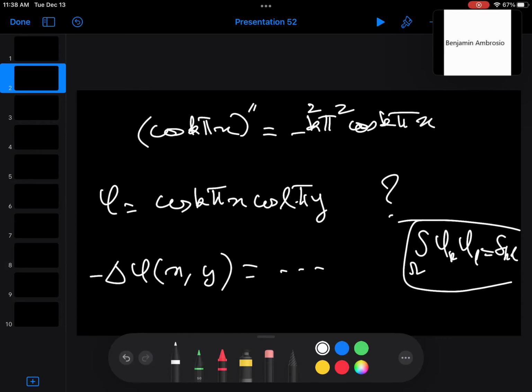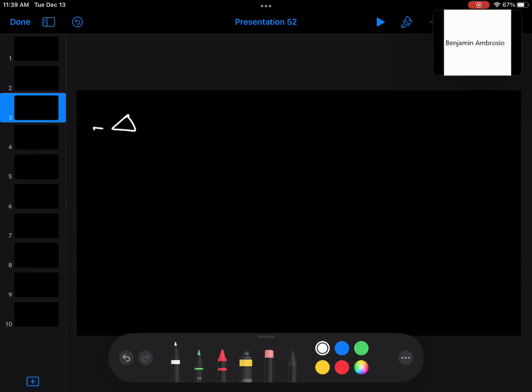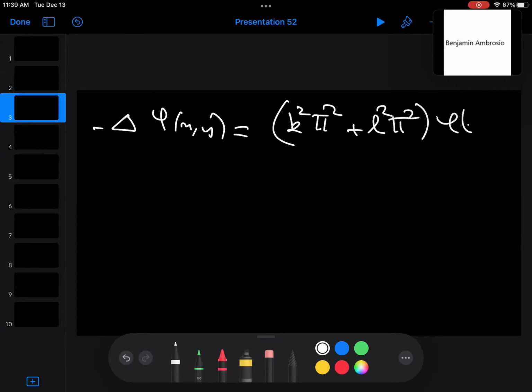I get minus Laplacian of phi of x y equals k square pi square plus L square pi square times phi.